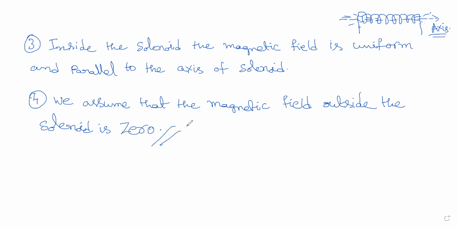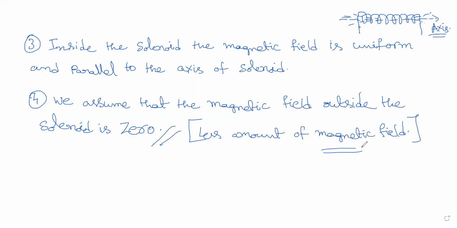In fact, it's an assumption, but actually there will be a small amount of magnetic field outside. We cannot really assume it's 0, but for simplicity we assume the field outside the solenoid is 0. There won't be any leakage of magnetic field. That means it's like a perfect solenoid.